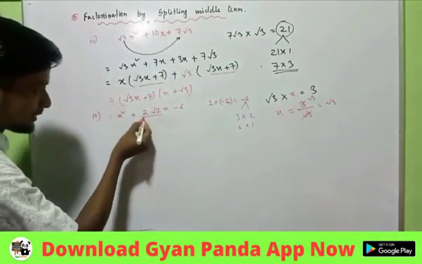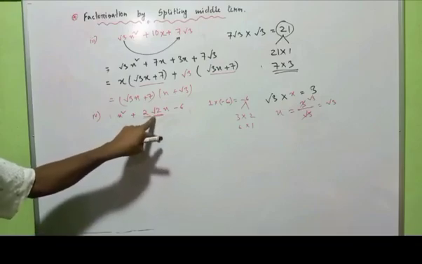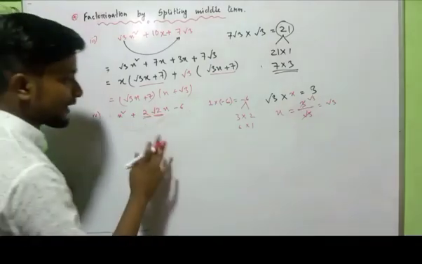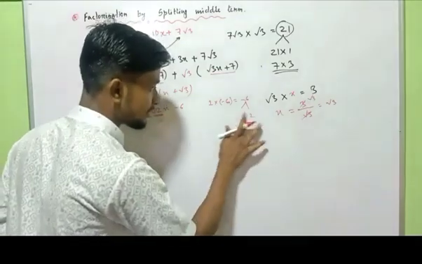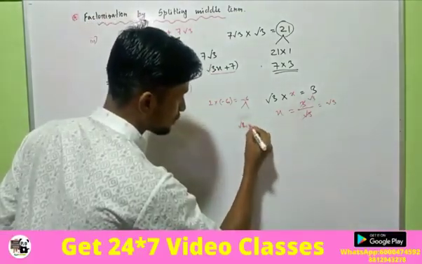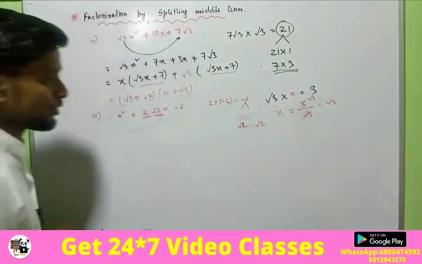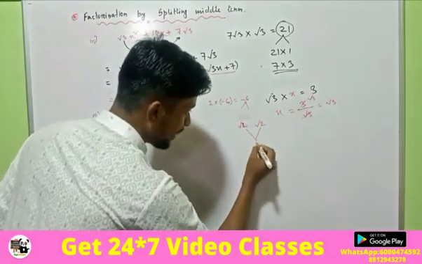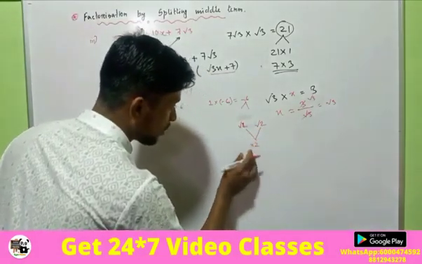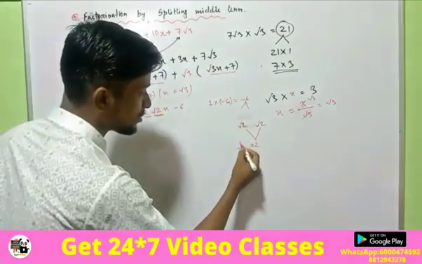Always remember one thing: look at the middle term. Here we have root 2. In both factors we have to put root 2 and root 2. Root 2 and root 2 becomes 2, and the number we need to multiply to get 6 is 3.